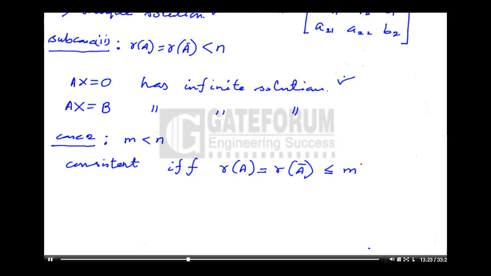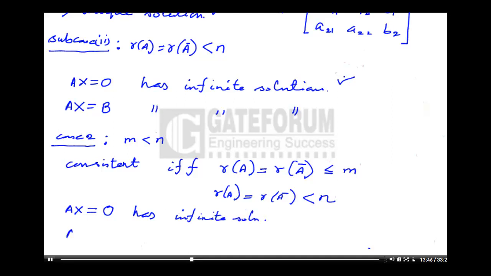And in case of consistency, rank of A is equal to rank of A bar is always less than n. If the case is consistent, then the underlying associated homogeneous system has infinitely many solutions. And therefore, the non-homogeneous system also possesses infinitely many solutions.